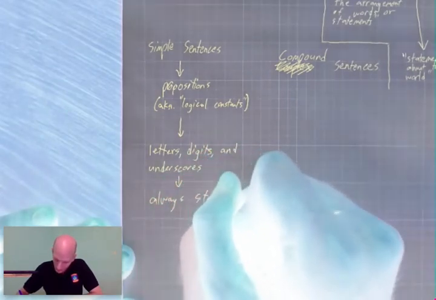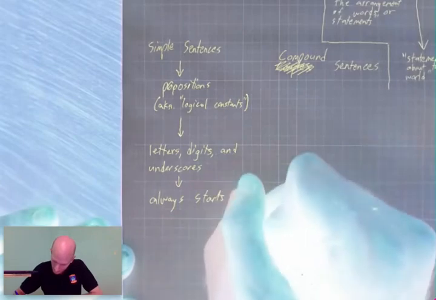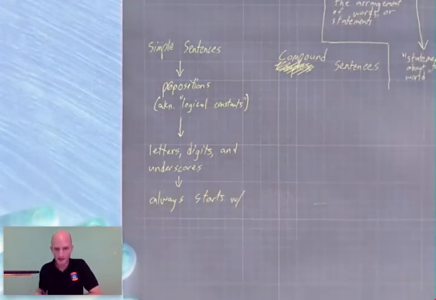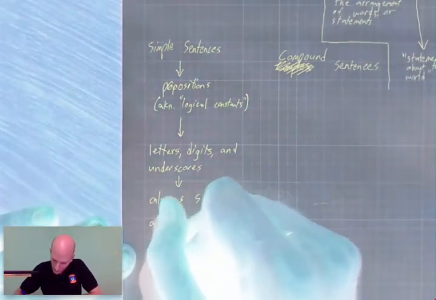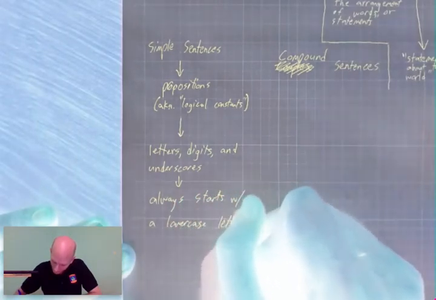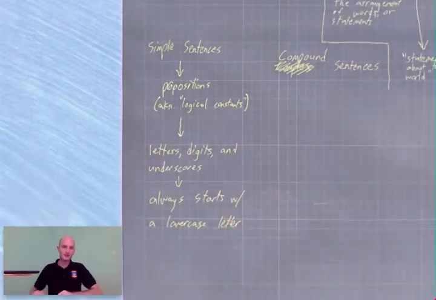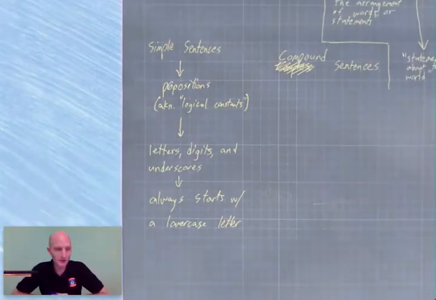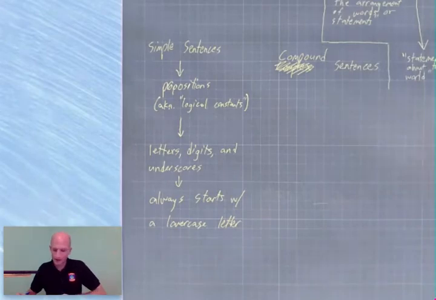If it starts with a number, a digit, an underscore, or a capital letter, it is not a logical constant. Okay, so there's the idea of simple sentences.